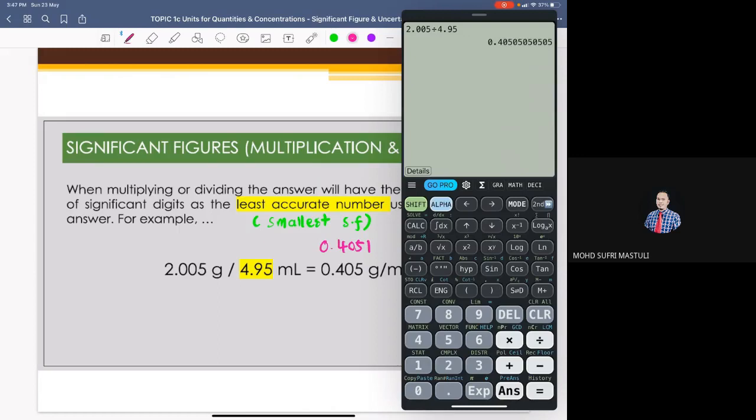So we will report based on the least accurate number, the smallest number of significant figures. This one is three significant figures. This one is four significant figures. So we will report only three significant figures.